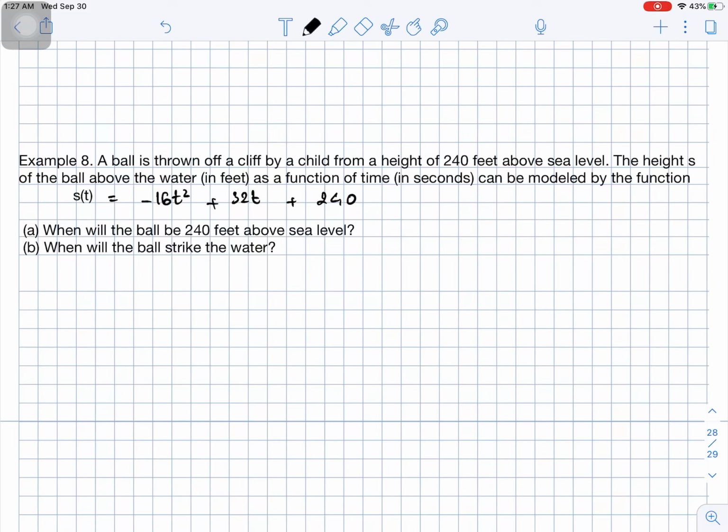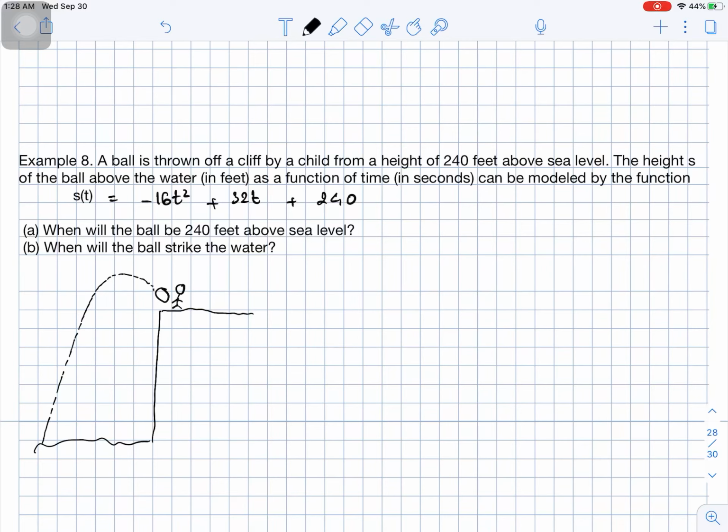Example number 8. A ball is thrown off a cliff by a child from a height of 240 feet above sea level. So here is the picture. Imagine there's a child and he has a ball.